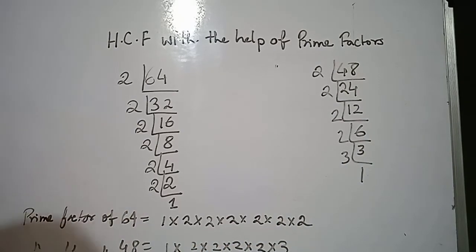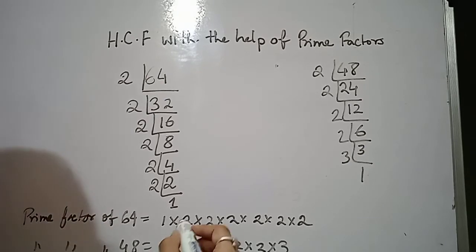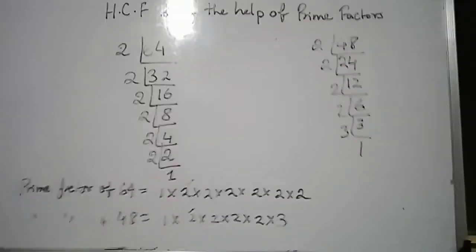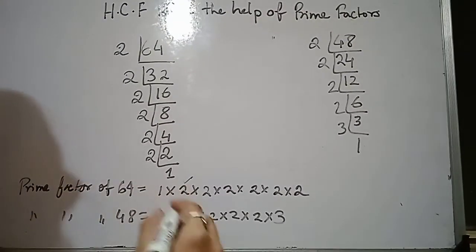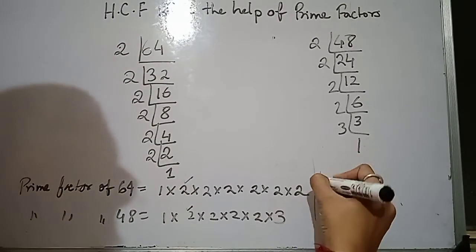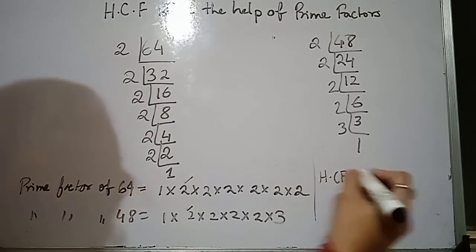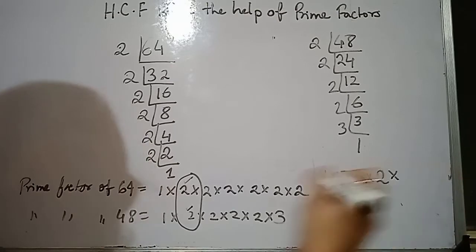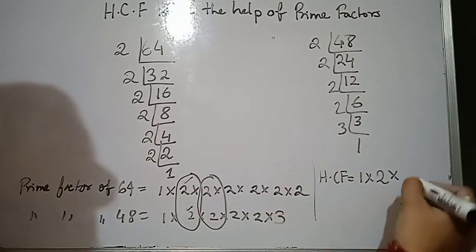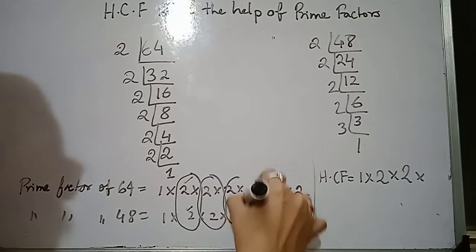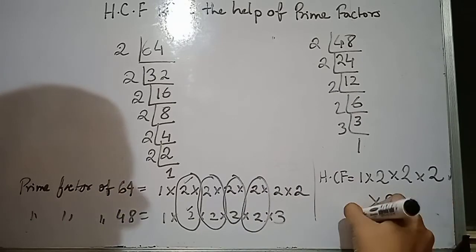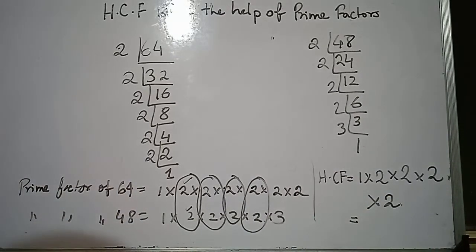The prime factors of 48 are 1, then 2 four times, and 3. We can see 1 is common for both, and for the pairs of 2's we write only one 2 for each pair. So the HCF will be 1 into 2 into 2 into 2 into 2. 2 twos are 4, 4 twos are 8, 8 twos are 16.